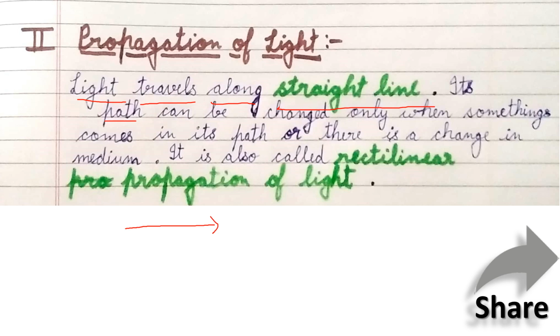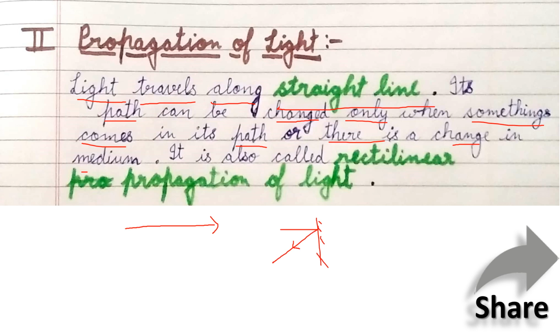Its path can be changed only when something comes in its path, or there is a change in medium. That means if something comes in its path like a pole or a mirror, the light coming from here will get reflected back.